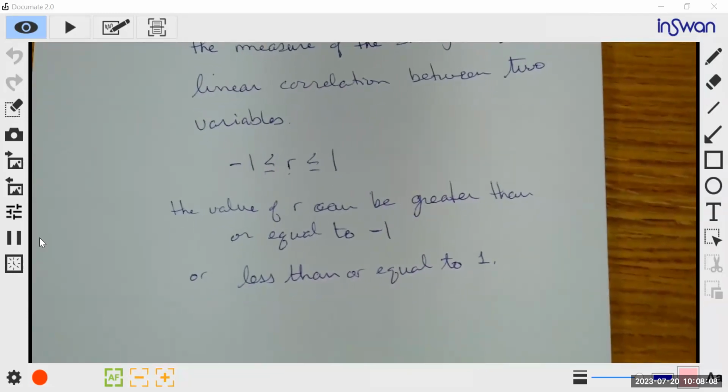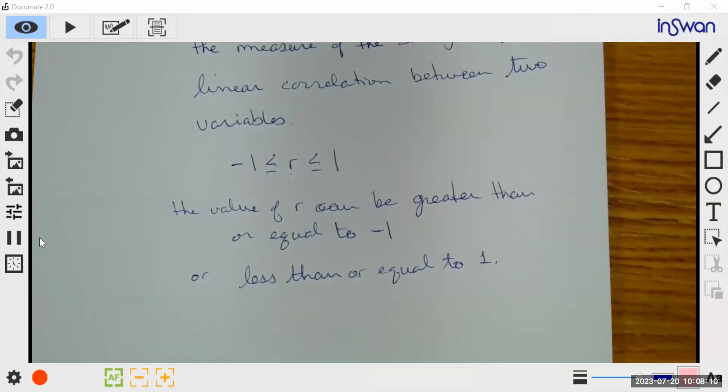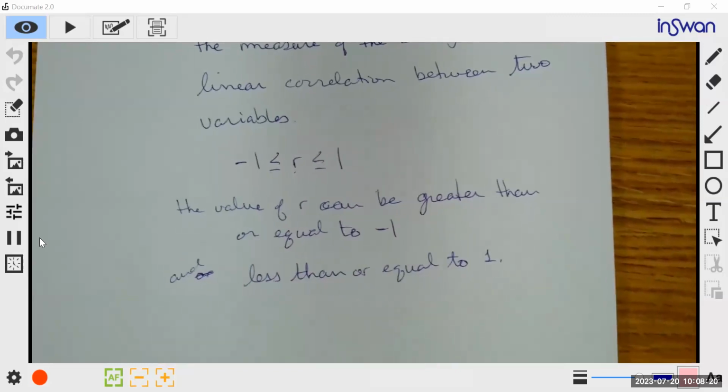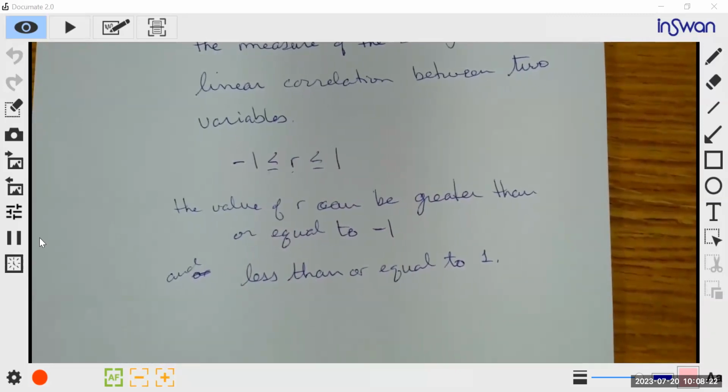It could be anything between there. Not or, it's got to be and, because it has to be between -1 and 1. There's no ifs, ands, or buts about it.